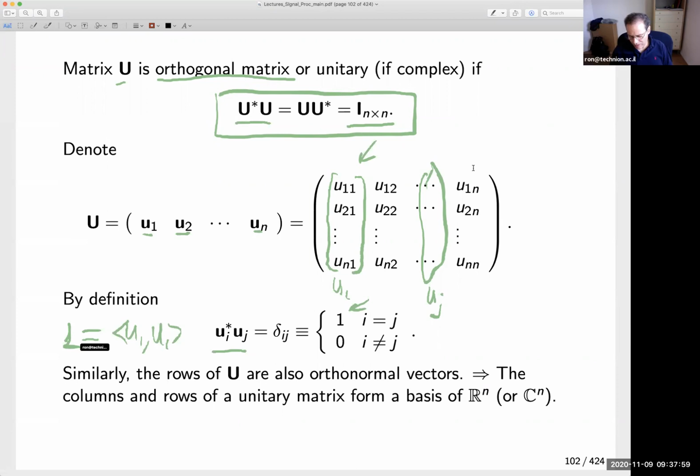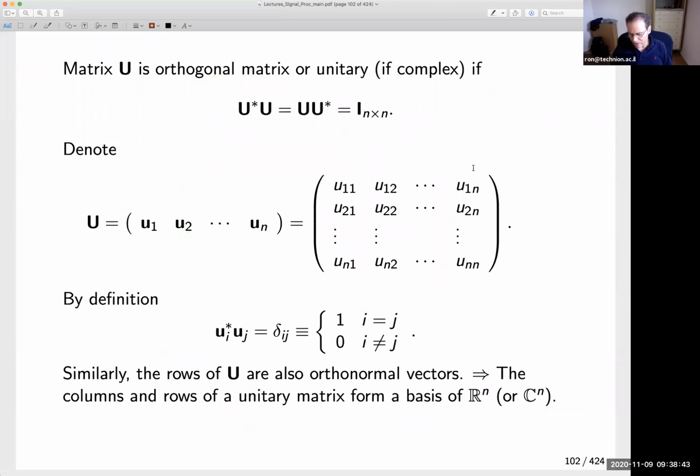Otherwise, if I'm choosing a different index, if there would have been 2 here, then it would be equal to 0. So the columns of this matrix would be orthogonal to one another, and the same would hold for the rows. So the rows and the columns for a matrix that satisfies these equations are orthonormal to one another, and we say that such a matrix is called a unitary matrix. It spans the basis Rn or Cn if it is complex.